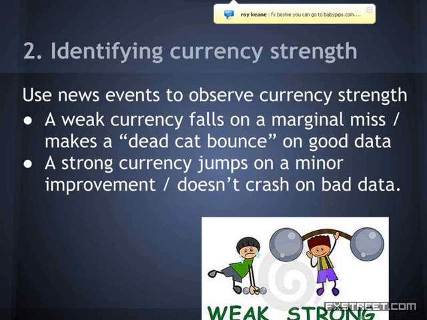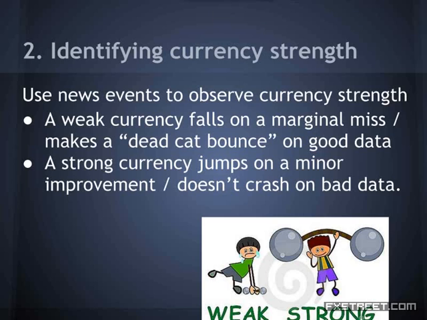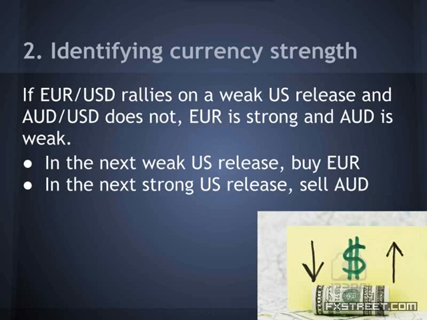Now, another way to look at it is to see not only one specific currency, but also look at others. What I described here, if euro-dollar rallies on a weak U.S. release and the Australian dollar versus the dollar doesn't, that means that the euro is strong and the Australian dollar is weak.